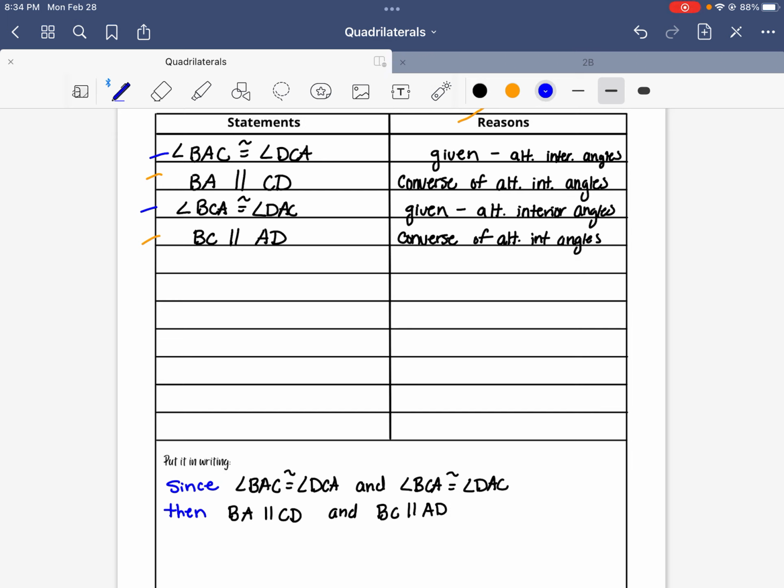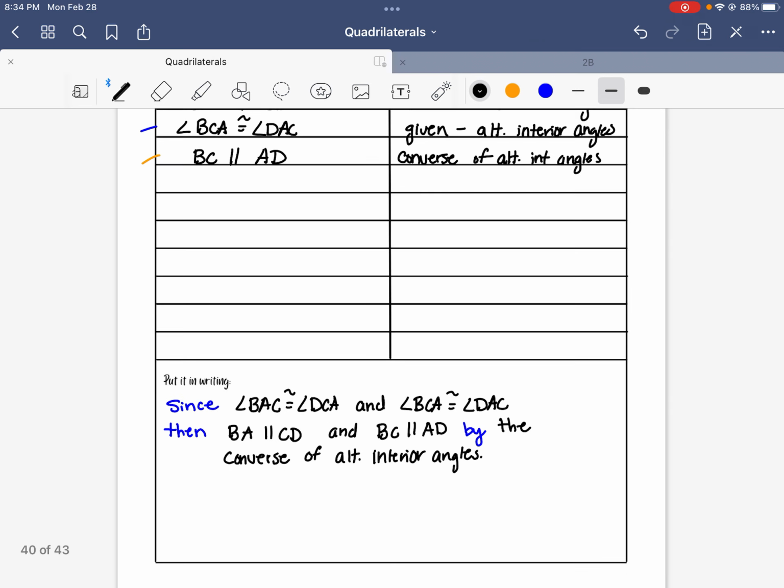And how do we get this? We always have to explain how we got it. By the converse of alternate interior angles. But what is that really saying, that they're parallel? We have to bring in the definition of a parallelogram.